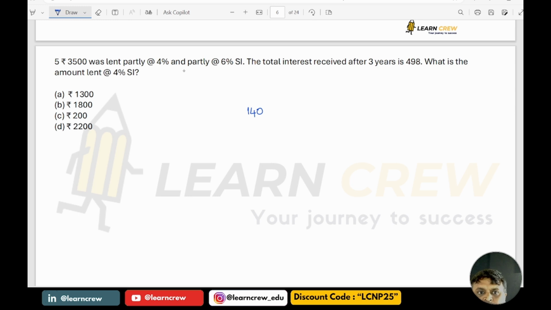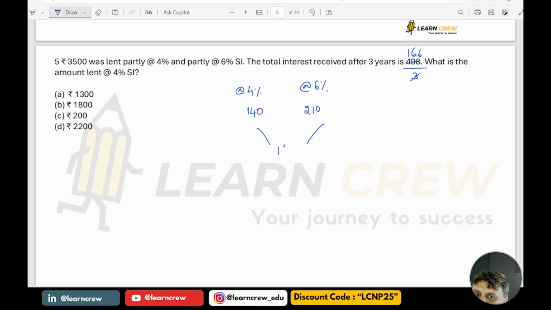If it is lent at 6 percentage, then it would have been 210. But some is at 4 percentage, some at 6 percentage. Because of that, in 3 years 498. 498 by 3 is 166.